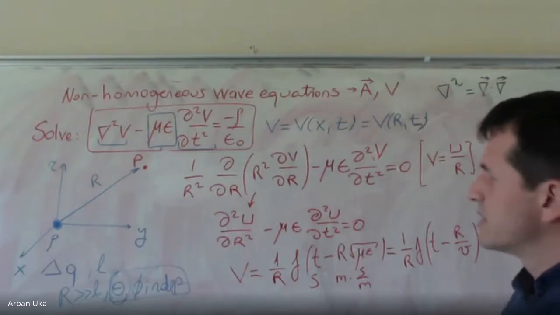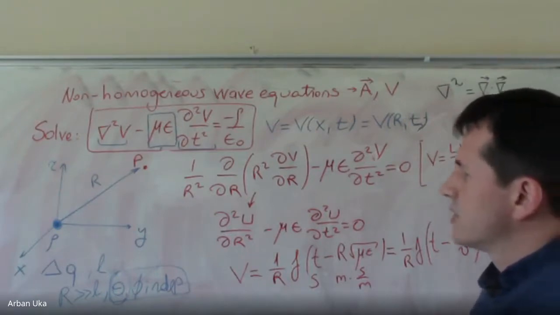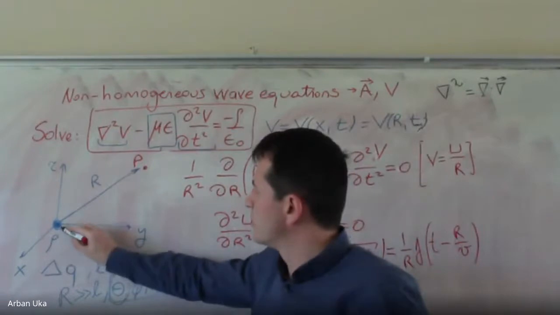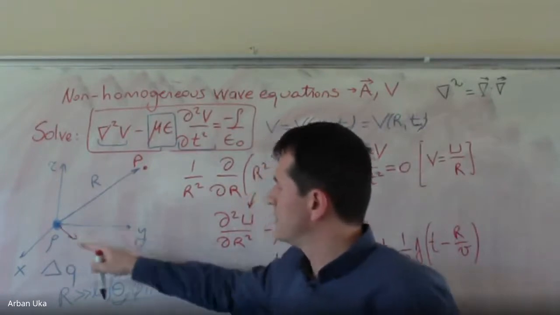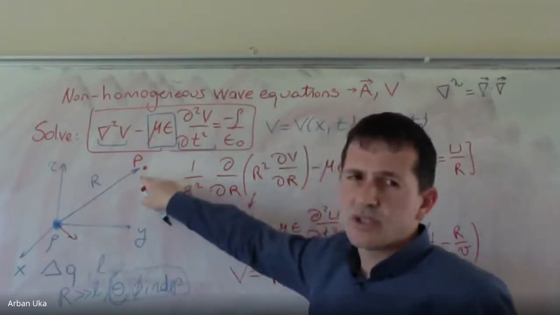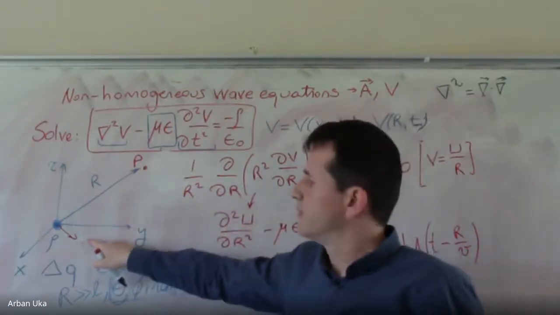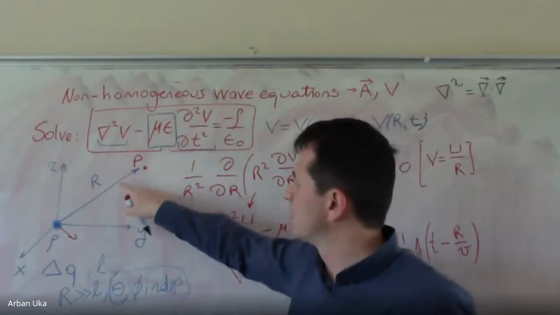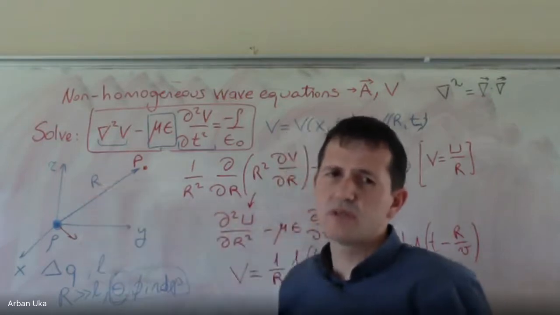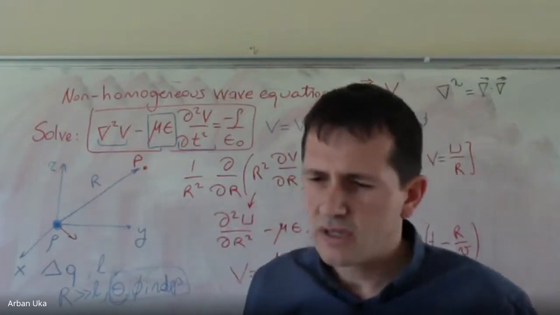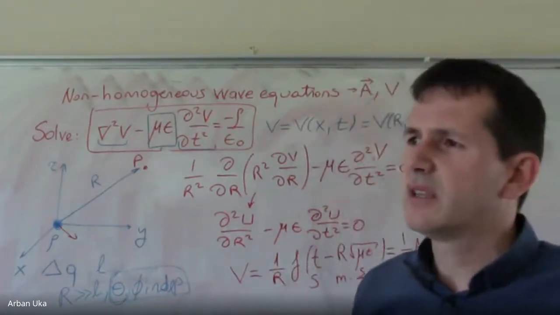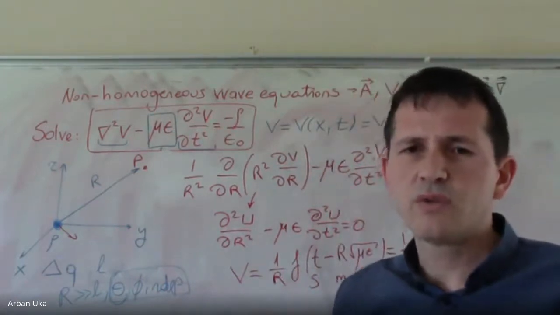Okay, so in principle, this is the equation. So if this charge is going to move as a function of time, this potential here will notice the change in this value after some time, which is equal to the distance divided by the speed. So this is equivalent to stating that if we're looking at the sun right now, we see the sun as it was 8 minutes ago.